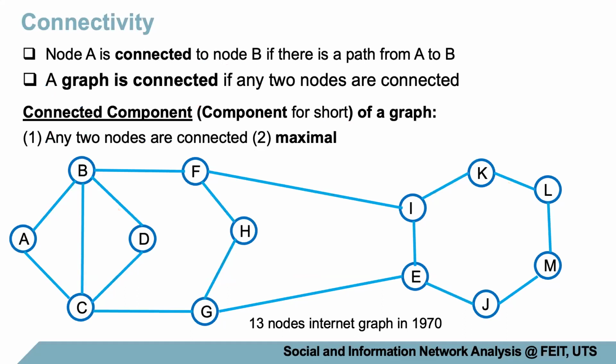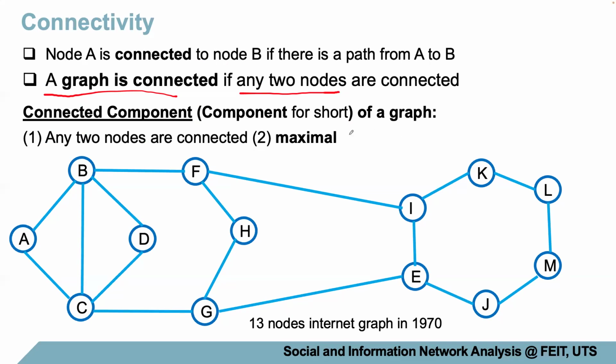So now we talk about connectivity. In a graph, we say node A is connected to node B if there is a path from A to B. That's node connectivity. For graph connectivity, we say a graph is connected if any two nodes in the graph are connected.